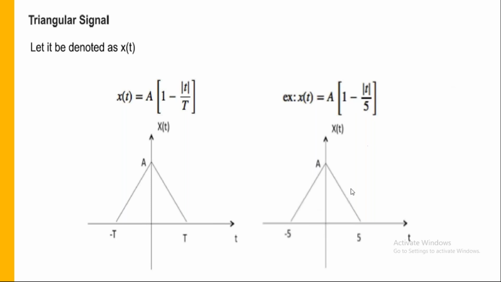And for t greater than 0, the t is positive, so you can write a into 1 minus t by 5. So you have to write the equation like that for t less than 0 and for t greater than 0, using the equation of a line between 2 points, and you can analyze it. Since it is an equation which is not passing through the origin, you can write an equation like that.